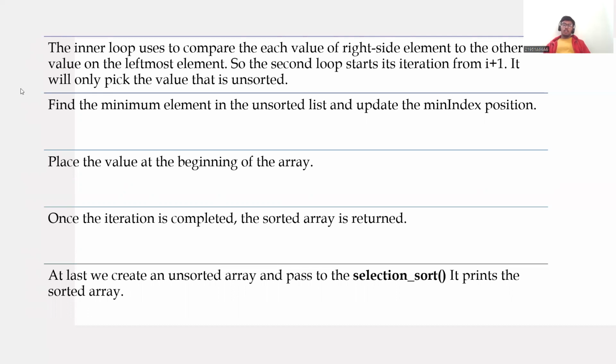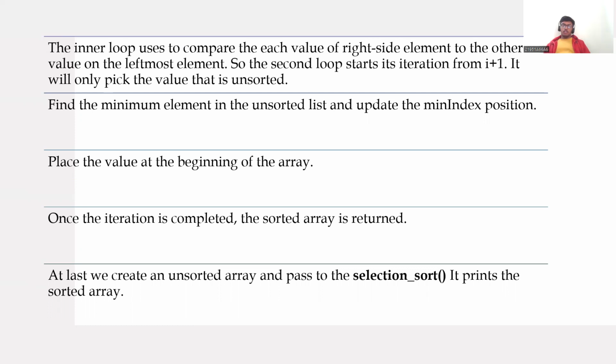The second loop starts its iteration from i plus 1. It will only pick the values that are unsorted. Find the minimum element in the unsorted list and update the minimum index position.